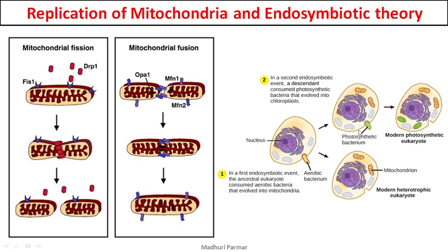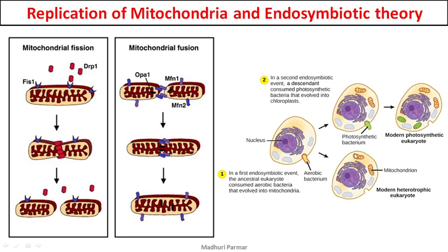Same is the case with chloroplast. Chloroplast must have been a photosynthetic bacterium which entered the cell and became symbiotic with it. It decided to produce food for it, and in turn, it got protection from the cell. So this is the endosymbiotic theory, which shows that the mitochondria might have been a separate bacteria in the beginning, but they entered the cell at some point of time, and now they have become an integral part of our cells.